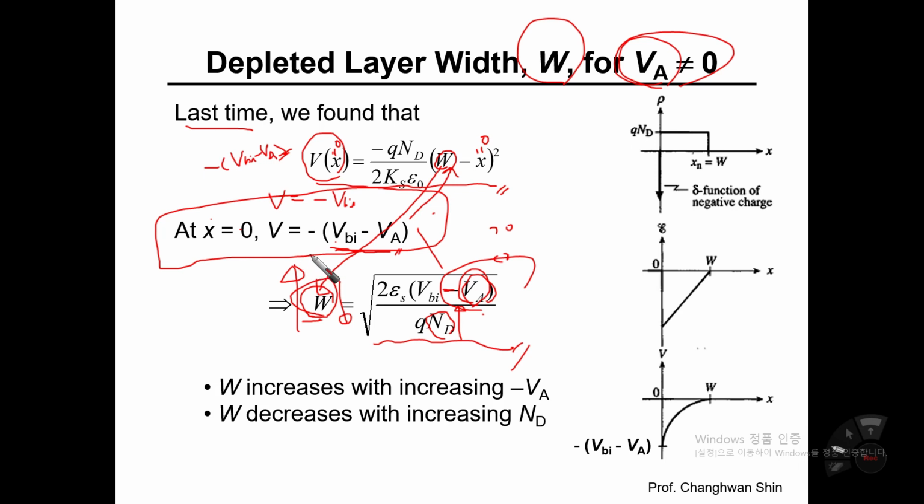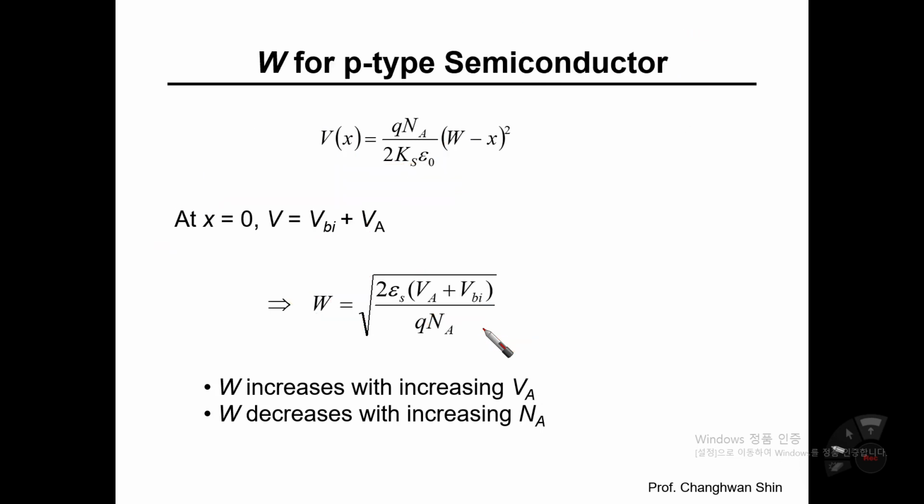Quantitatively, using this equation, you can estimate the depletion layer width for a given doping concentration in the semiconductor.